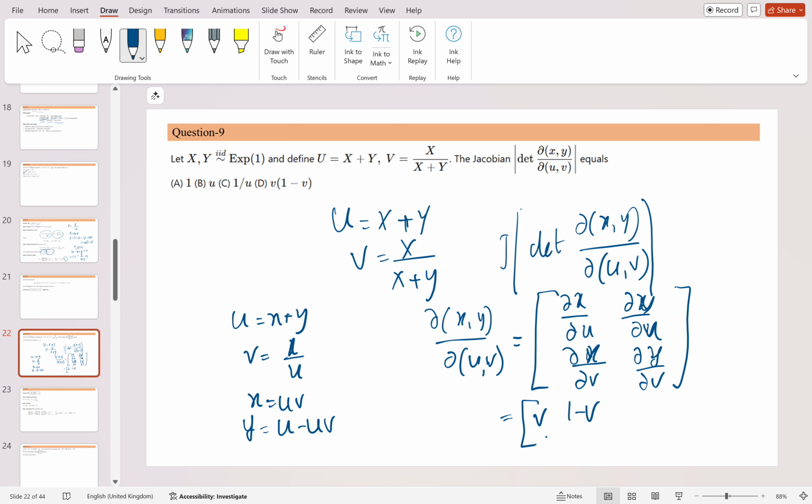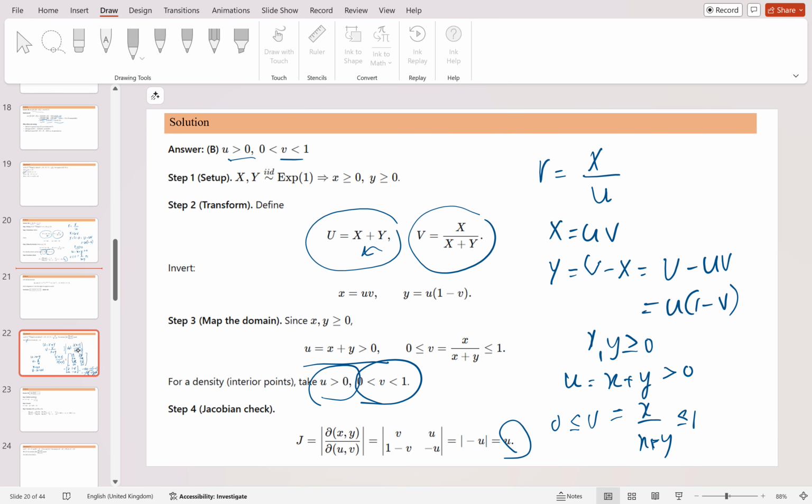Del x by del v is simply u. Del y by del v is minus u. Solve it. You will get minus vu minus u times 1 minus v. Simplify it: minus vu minus u plus vu. This will get cancelled out, and when you take the mod of that, it will be simply equal to u only. Okay, so the correct option is option B.